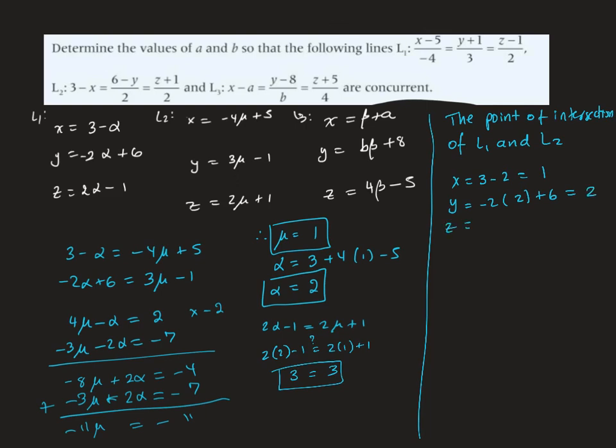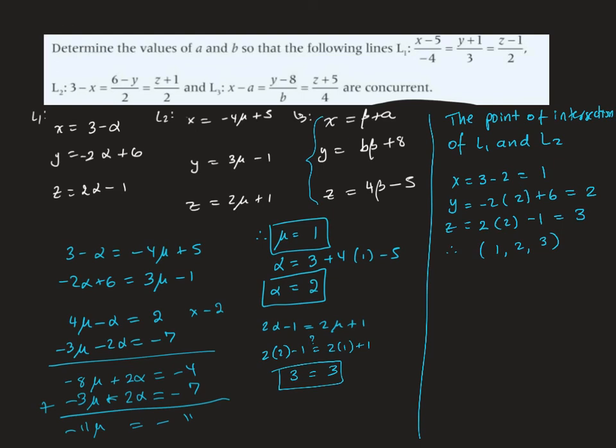And z should be 2 times 2 minus 1, so that is 3. So the point of intersection is the point (1, 2, 3). And we need to force that point onto the third equation. So now we're going to substitute 1, 2, 3 onto here.